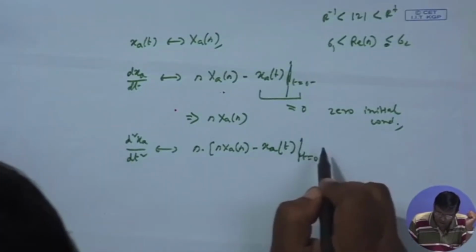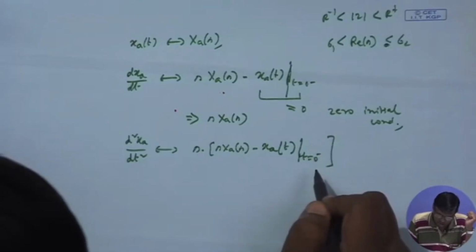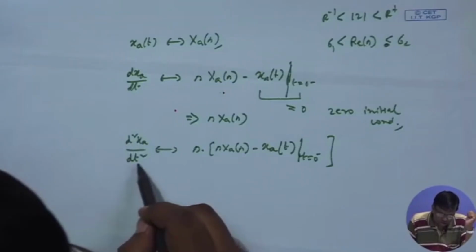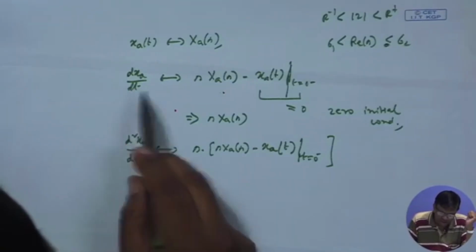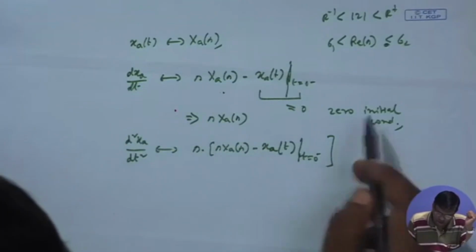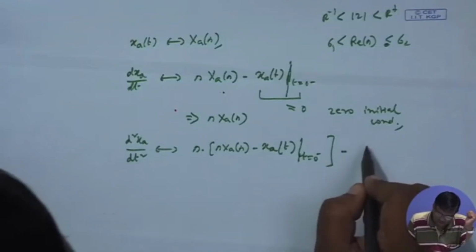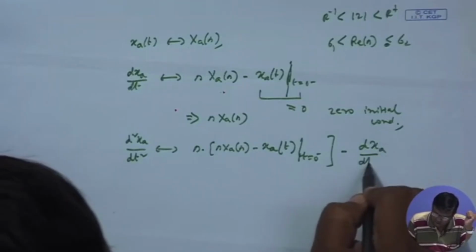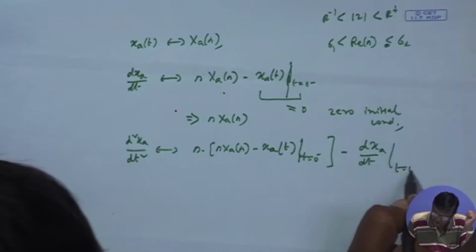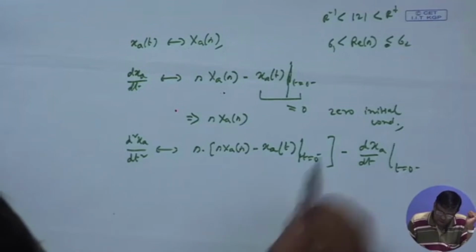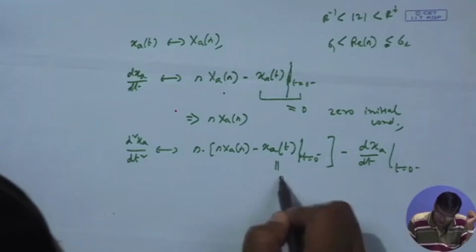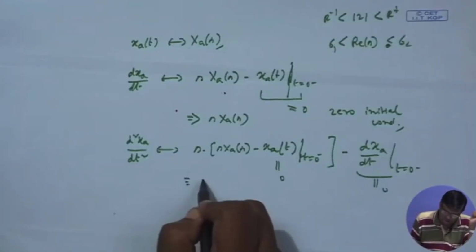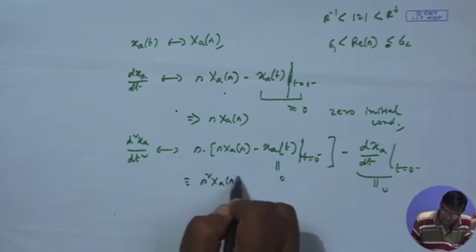I am giving the general result. s times the Laplace transform of dx/dt, which is this that I am writing, minus this quantity dx_a/dt at t equal to 0 minus. Under zero initial condition, this will be 0, this also suppose is 0, then it will be equal to only s squared X_a(s), and so on and so forth.